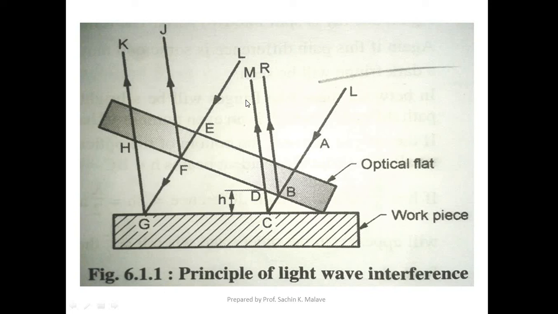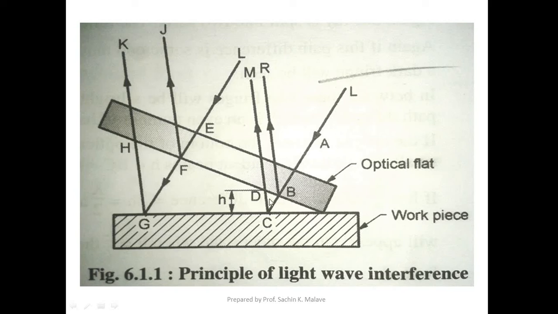Okay, so the two reflected rays, R and M, may be in phase or out of phase depending upon the extra distance traveled. The extra distance traveled by the ray M is BCD. This extra distance decides whether the ray M and the ray R are in phase or out of phase.